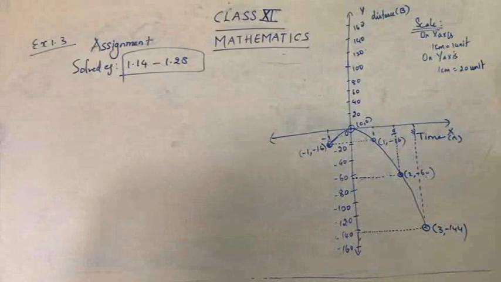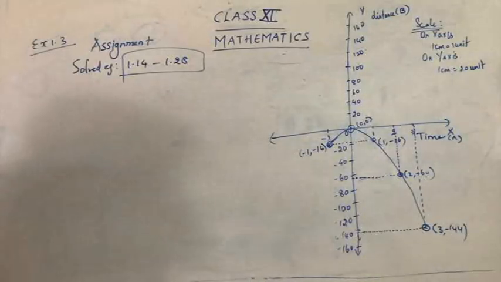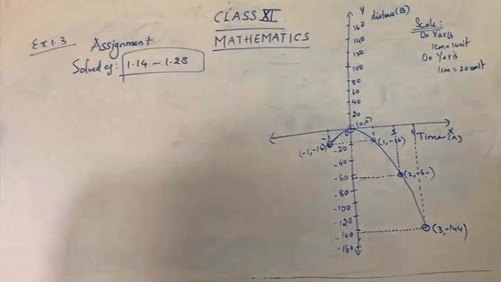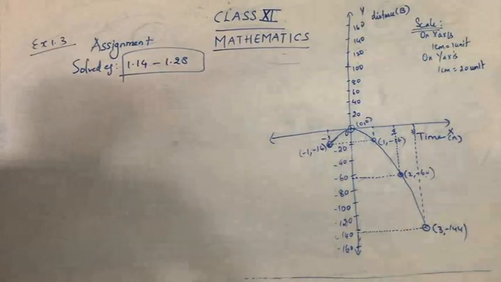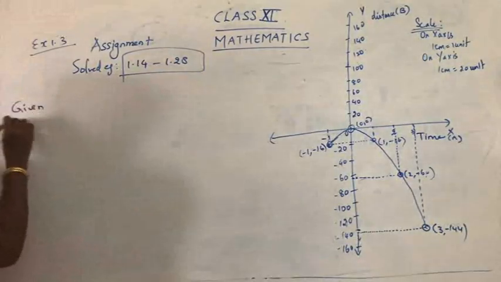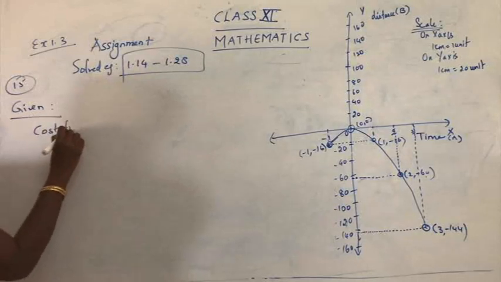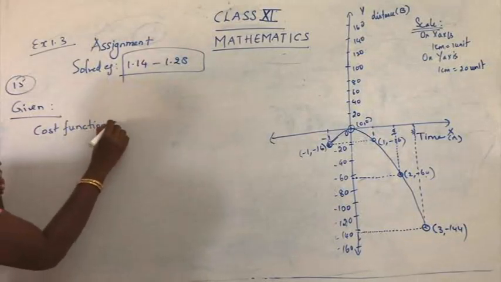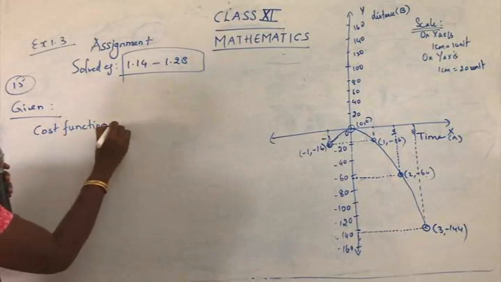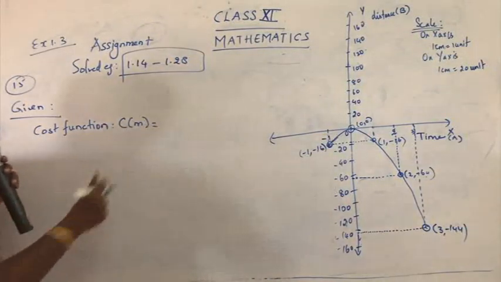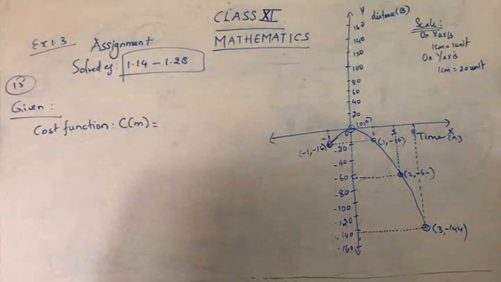Okay, now let's go for the sum. What is given? Let's write down the given things here. Two functions are there, cost function and fuel surcharge function. So write down both functions. Given, sum number 15. Given cost function C of M is equal to, what is the function, children? 0.4M plus 50.